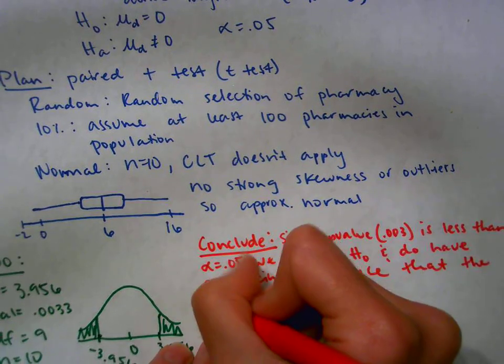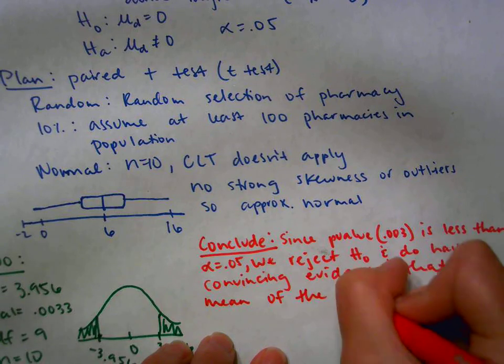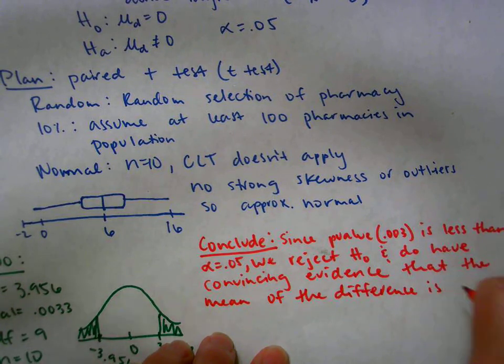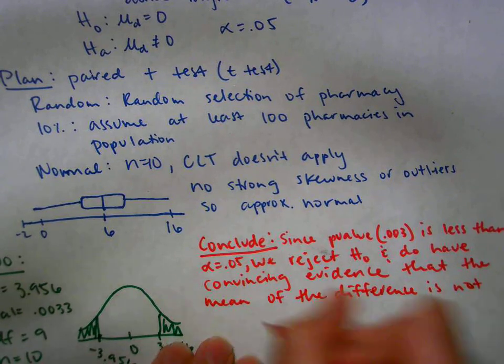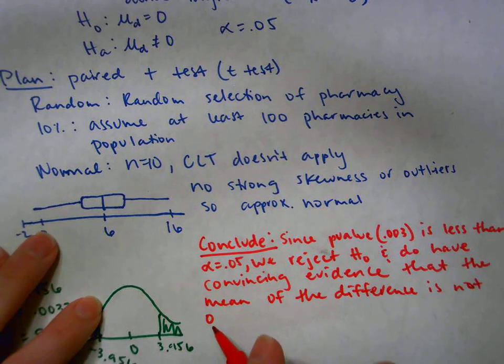The mean of the difference is not 0. So let's make sure we answer their question, because that's kind of ambiguous.